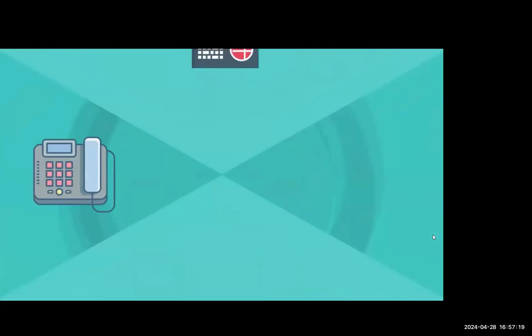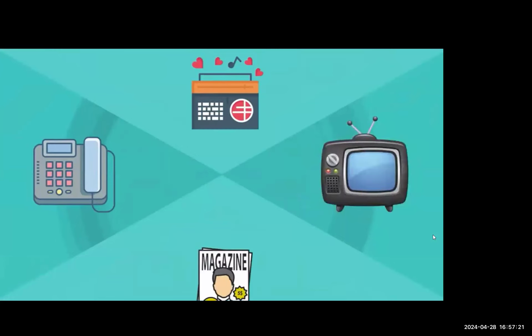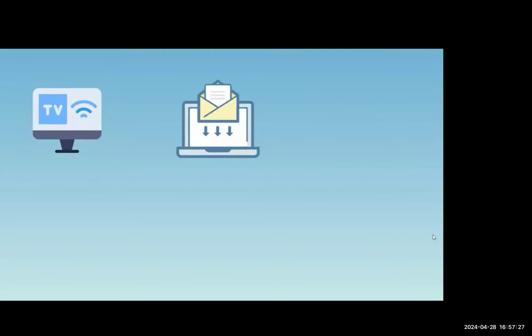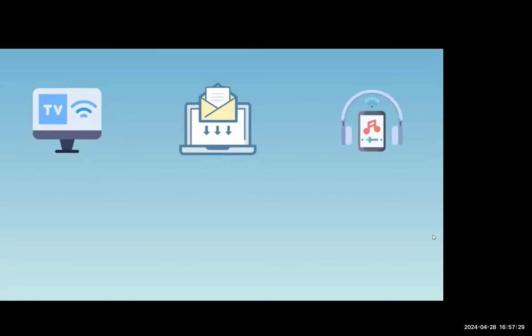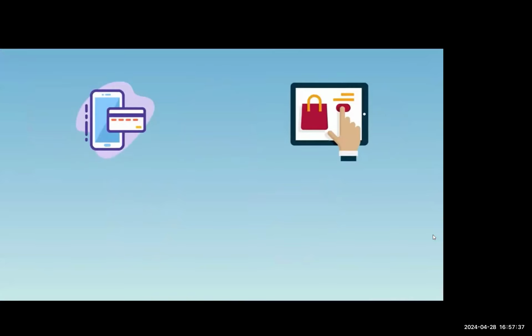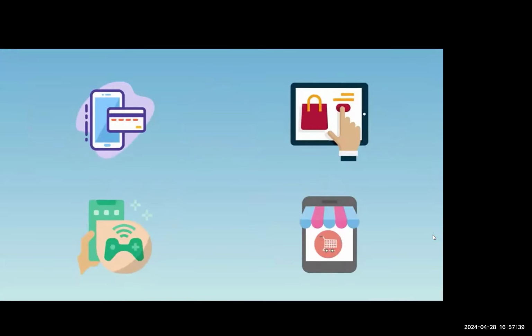You name it, it can pretty much be done on the Internet. Most traditional forms of communication, telephone, radio, television, tabloids, have all been reinvented by the birth of the Internet. Internet television, email, online music, social networking, mobile applications for everything under the sun, online banking and shopping, iGaming, e-commerce, the list is endless.